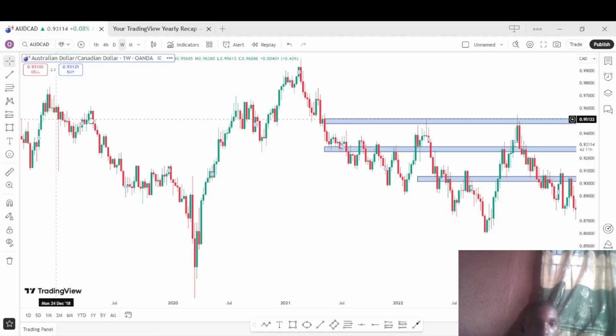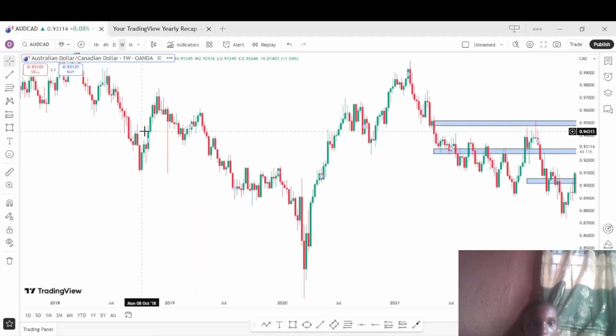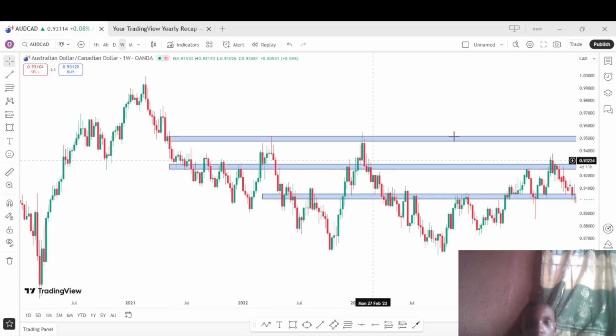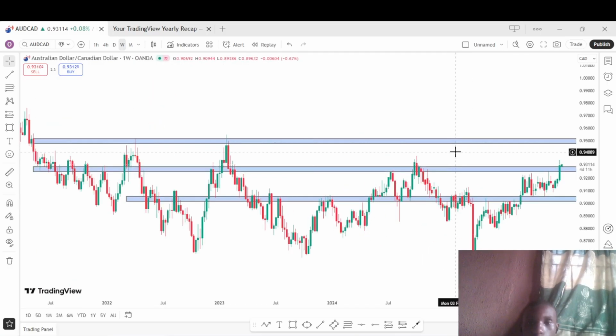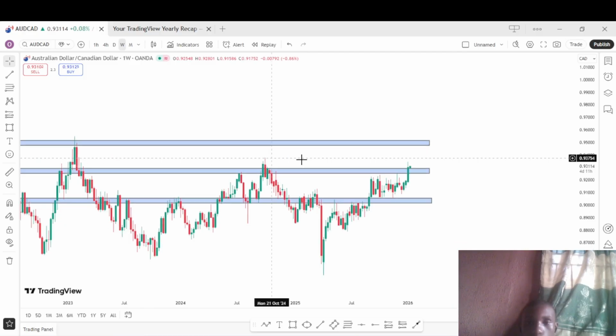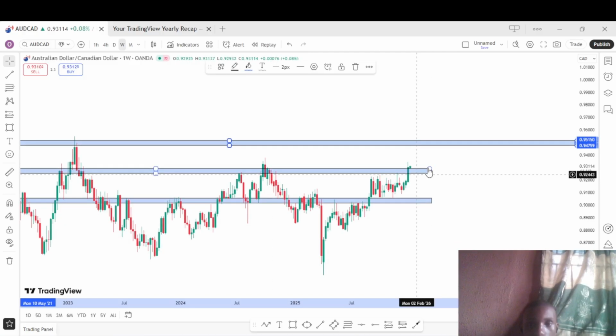If you carry it back, the market reacted here. This is a very strong major level. So what else are we going to do? Let me drag it. We're not looking at the past, we're looking at the future.